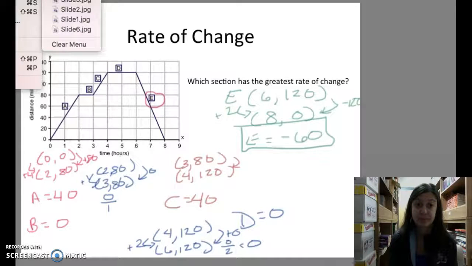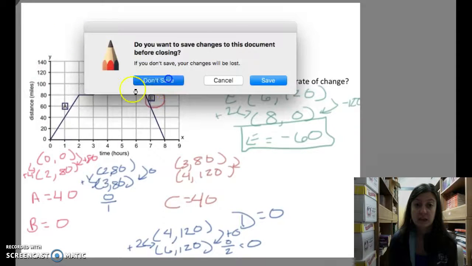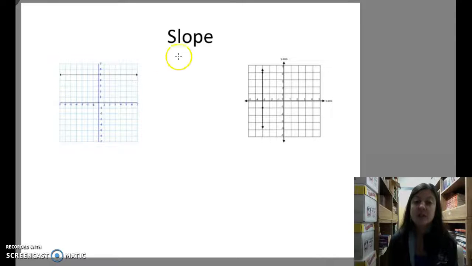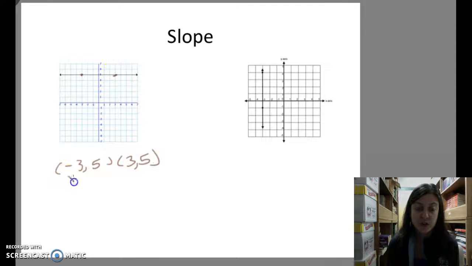Last slide. Okay, so our slope here on both of these, let's pick 2 points. Let's just pick this one, which is negative 3, 5, and this one, which is 3, 5. And let's use our formula because we haven't used that in a while. Remember, the formula was m, and m is always slope, even if you're not using the formula.